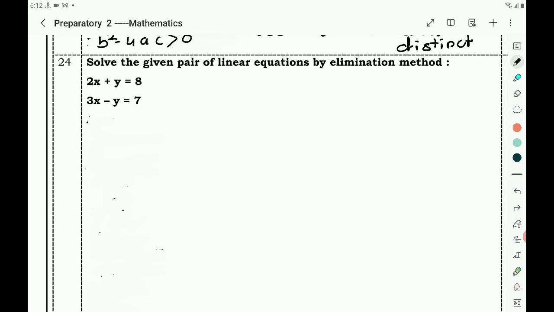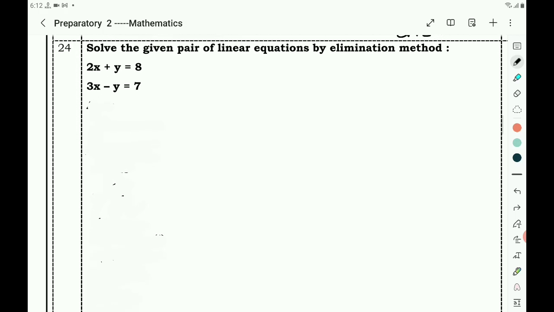Then you take question number 24. Solve the given pair of linear equations by elimination method. Here given equations are 2x plus y equals 8, 3x minus y equals 7. First equation is 2x plus y equals 8. Second equation is 3x minus y equals 7.